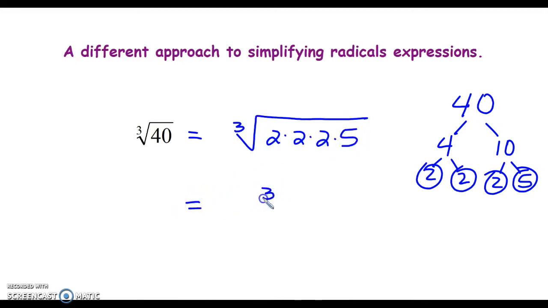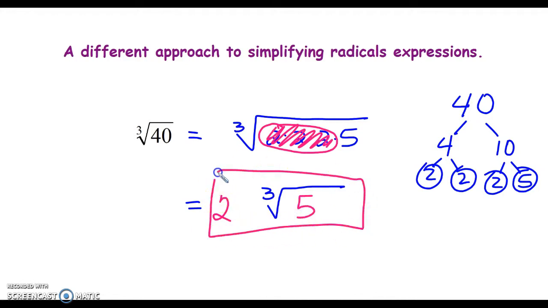In order for it to come out from underneath the radical sign, you've got to have groups of 3. This group of 3 comes out as a single 2. And what's left underneath the radical sign? Yeah, just a 5. So that's your final answer: 2 times the cube root of 5.